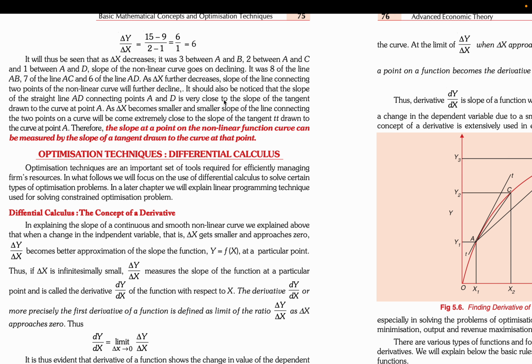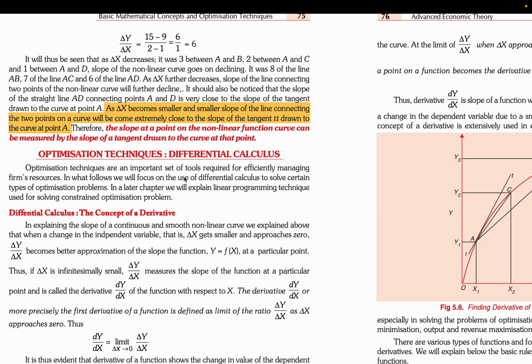It should also be noticed that the slope of the straight line AD connecting points A and D is very close to the slope of the tangent drawn to the curve at point A. As delta x becomes smaller and smaller, the slope of the line connecting the 2 points on a curve will become extremely close to the slope of the tangent TT drawn to the curve at point A. Let's see what this intuition is.